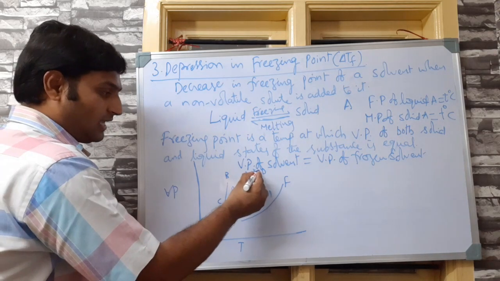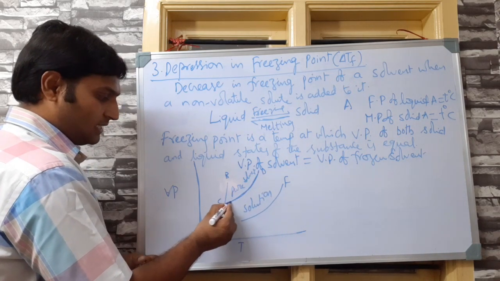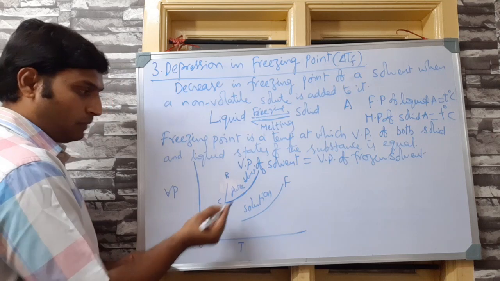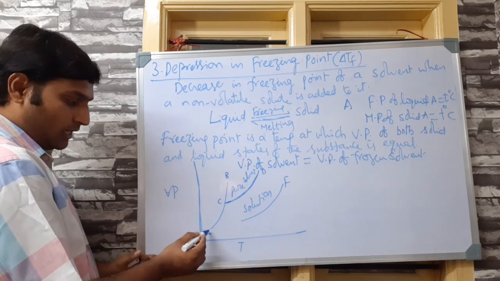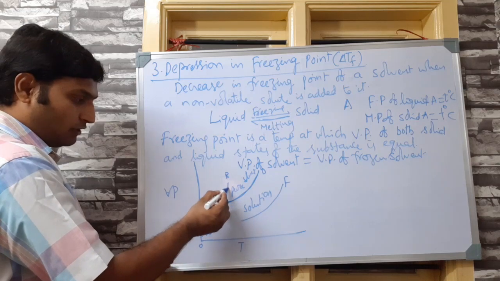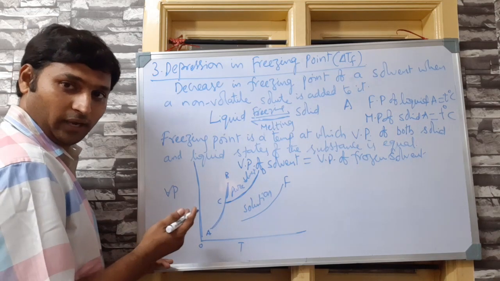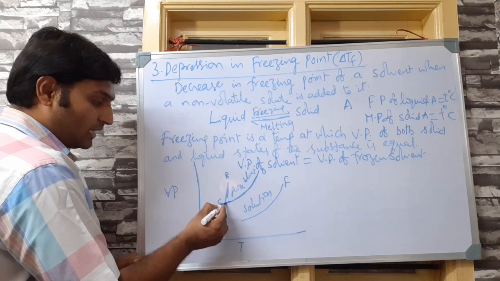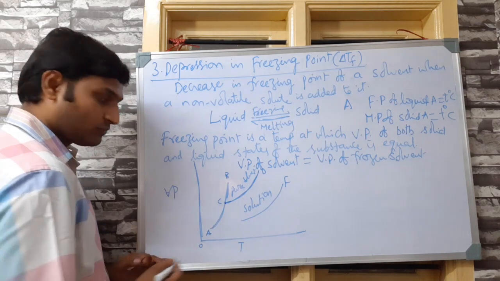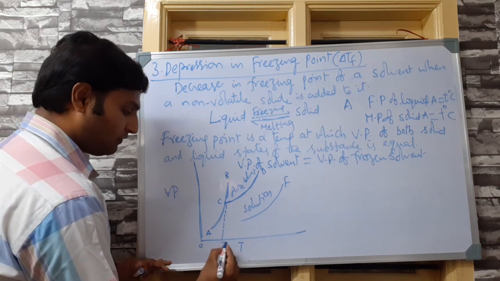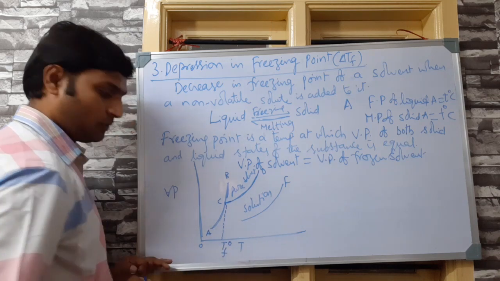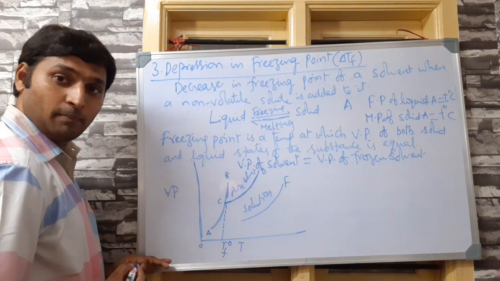Now, if I extend this here, please observe, this is the curve showing vapor pressure of pure solvent. This is the curve showing vapor pressure of the solid phase of that liquid, right? Now, they are meeting at a point C. That's why this would be the freezing point of pure liquid.